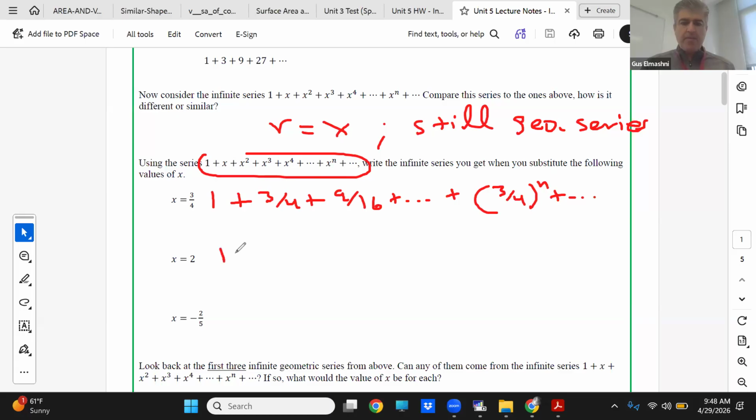Okay. Go and do the same thing for the next two. So you're replacing X with the value you see right next to it, and then you're writing some sort of expression afterwards.